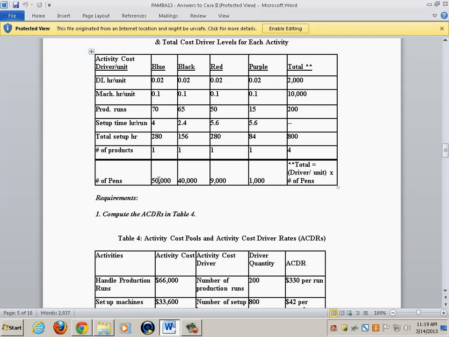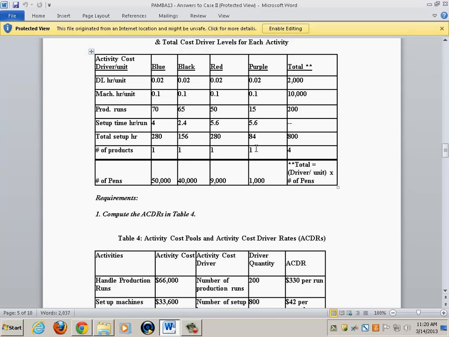It has 50 purple. The number of units of blue pens produced 50 times and the number of units of pens. That does not necessarily mean that the support costs for cost. So therefore, there's a difference.